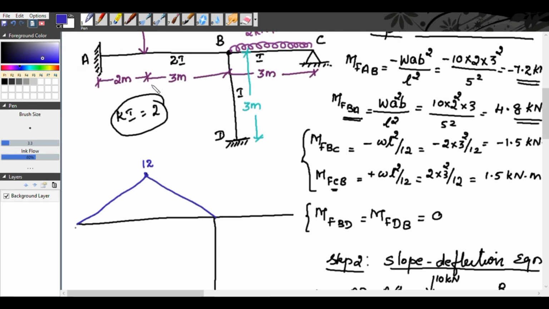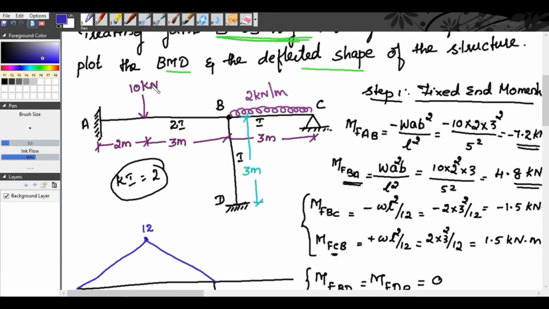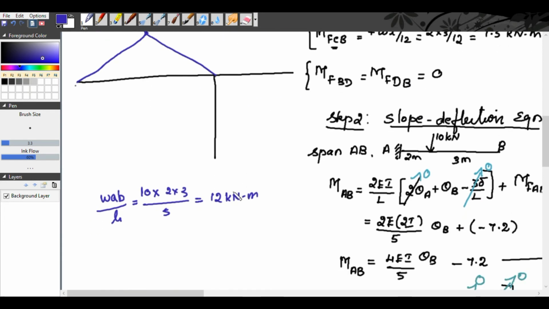Now, for the span BC, we have a UDL. If there is a UDL, the formula is WL square by 8. So we will substitute this. For the span BC, W is 2 here, L is 3, so 2 into 3 square by 8.